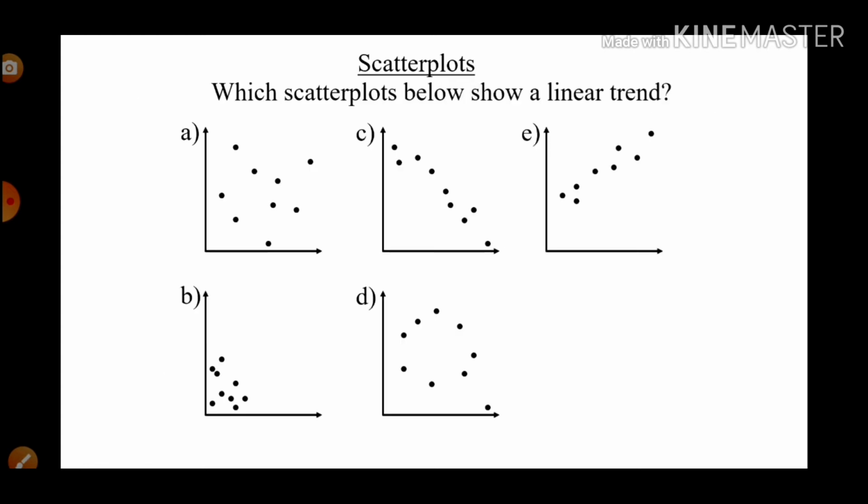Alright, let's have a look at this one. Which scatter plot below shows a linear trend? There you go. Because if I draw a line of best fit which goes right through the middle, this is linear, and also E. Well done. All the others are not really a linear trend.